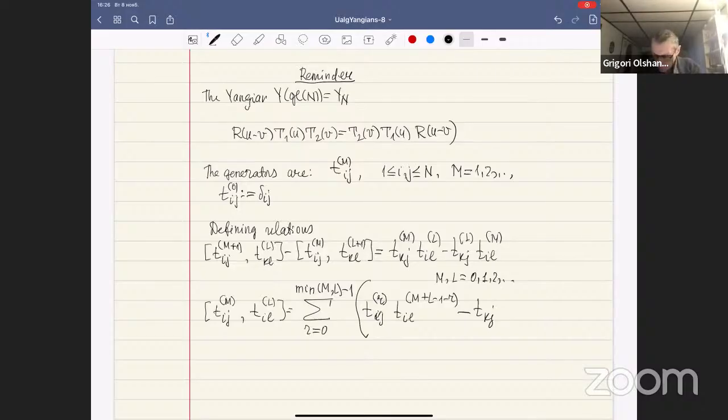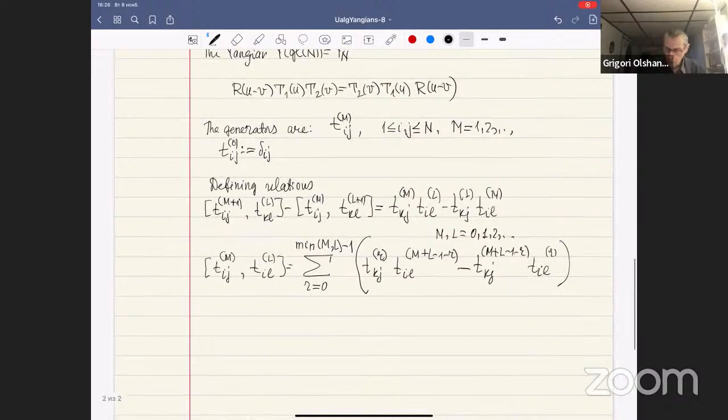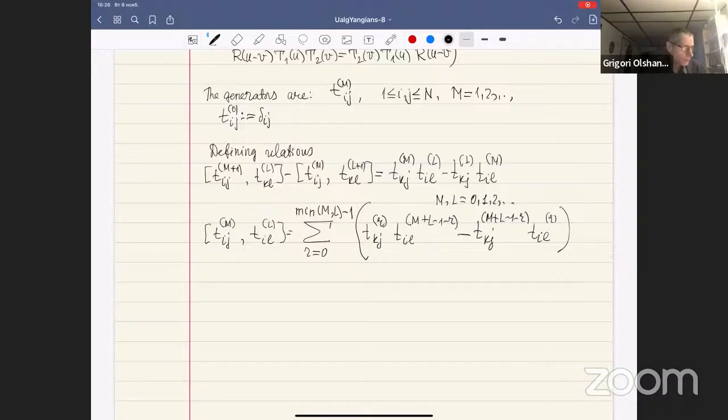For instance, to better understand the structure of these formulas, we have the following relations.